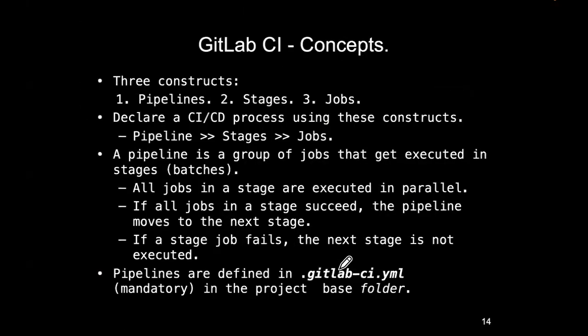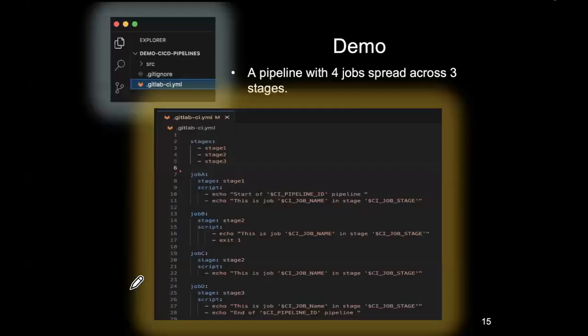We define our CI/CD process as a pipeline. A pipeline is made up of stages, and a stage is made up of jobs. That's a simple enough architecture, or hierarchy. And the mechanics of it, in the case of GitLab, are that we define this pipeline in a YAML file, and that's roughly where we left it off yesterday.